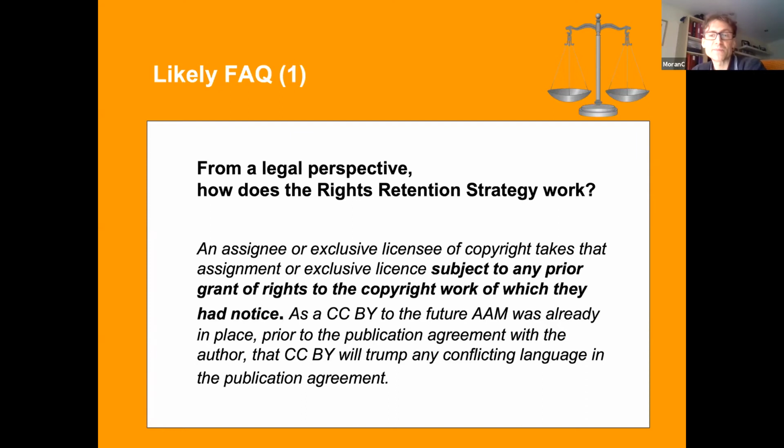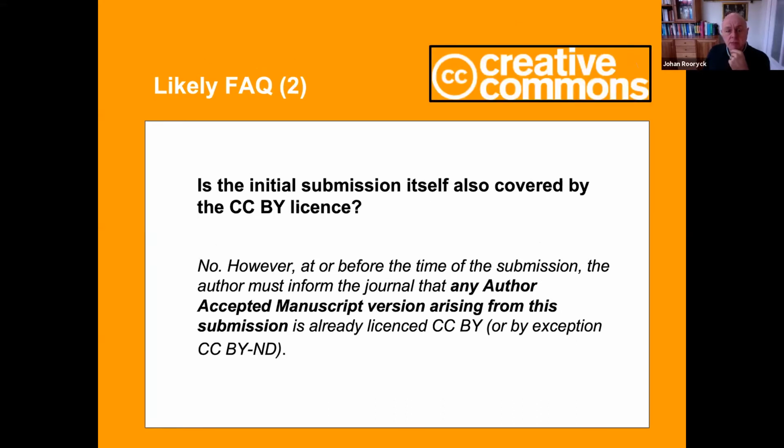Okay. Thank you, Chris. And now I'm going to give the floor to Sally to explain some other frequently asked questions. Thank you, Johan. The initial submission is not covered by the CC BY license. It's the accepted manuscript that's covered by it. It'd be far too complicated to try and assign the license earlier on in the process.